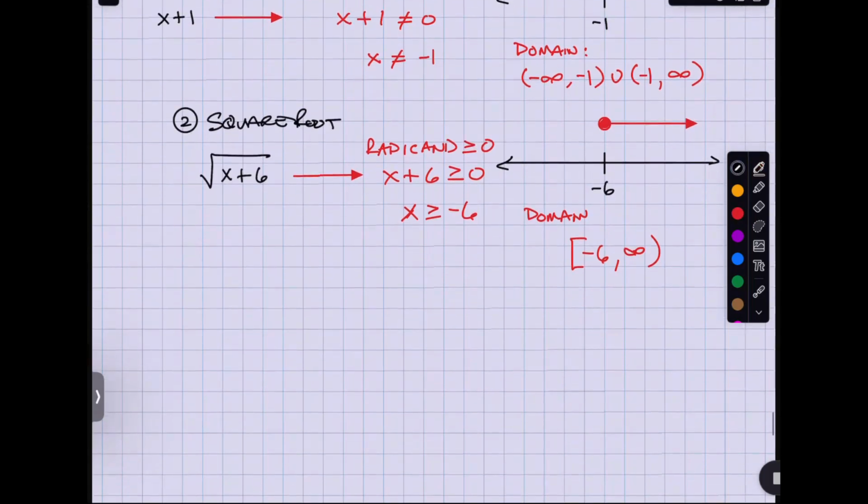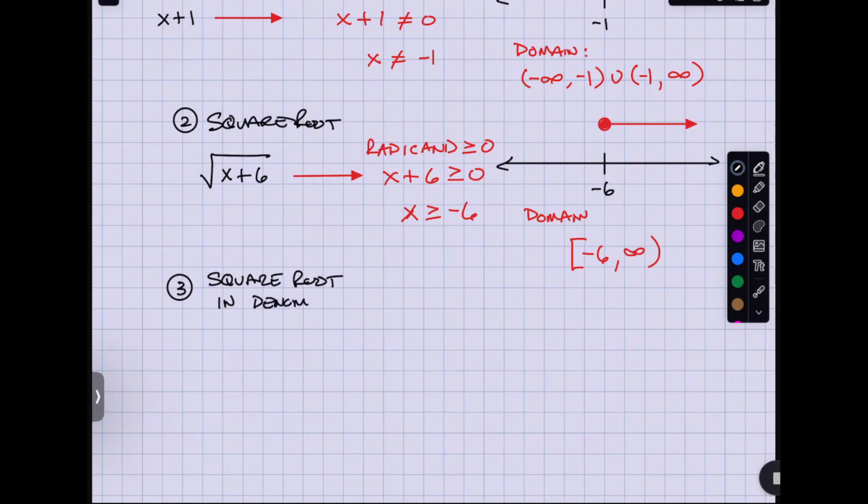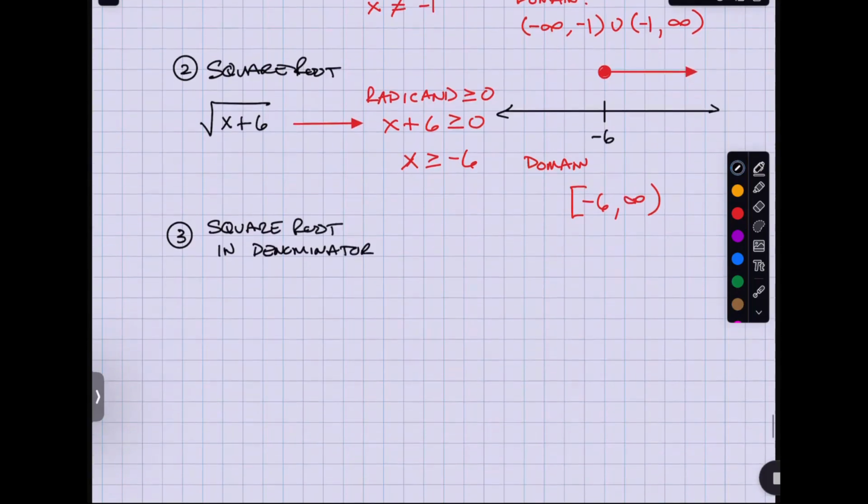Now here's the one I want you to think about. What happens to that? I'm not worried about rationalizing the denominator. I'm more worried about the domain, because no matter what I do, I still have to worry about the domain first.